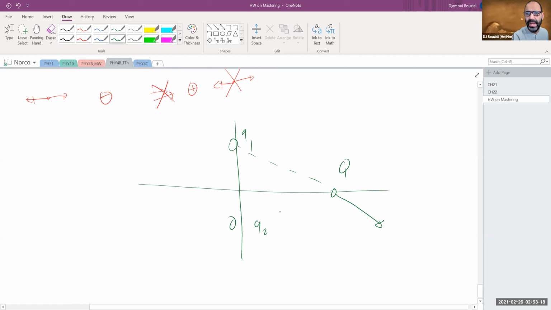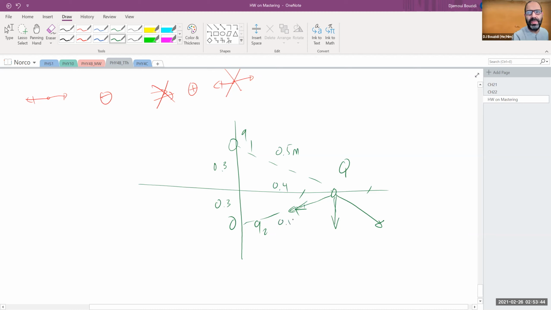The negative is on the bottom, and it's pulling on it. The two charges have the same magnitude, they're the same distance, so their x components cancel, but their y components add up. And you have to know the geometry in here. This distance is given to you, 0.3 meters. This is 0.3 meters. And this whole distance is given to you being 0.4 meters. So using the Pythagorean theorem, this is going to be 0.5 meters.